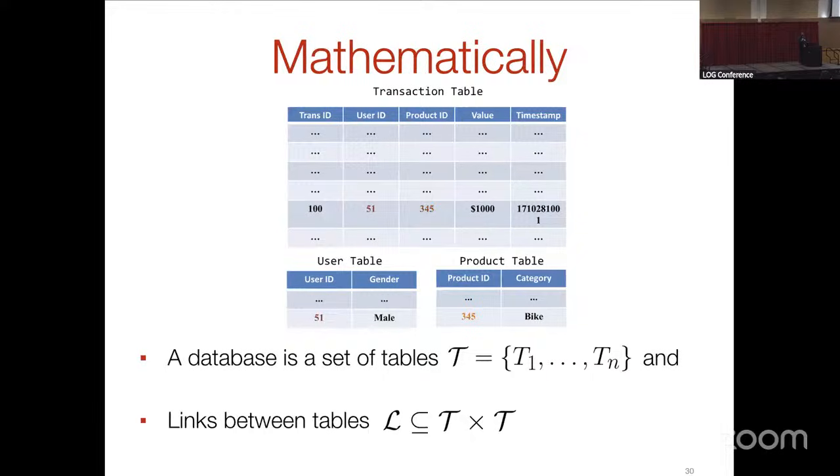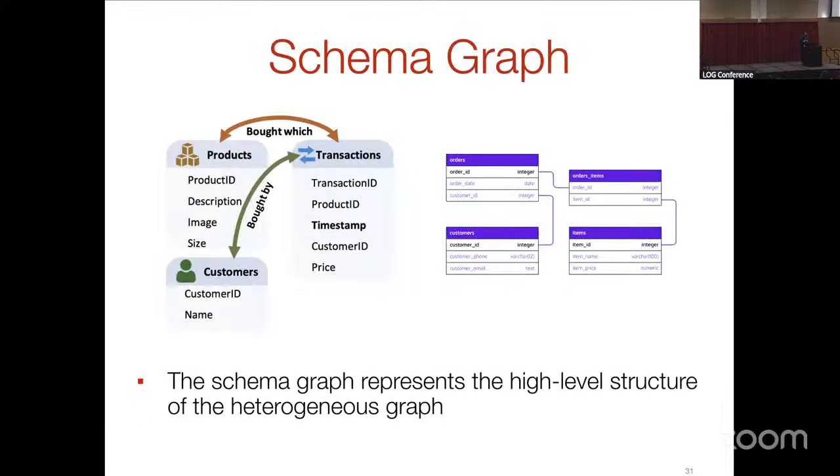Now, mathematically, a database is nothing but a set of tables, which we denote here as calligraphic T, and the links are defined as a Cartesian product between the set of tables. As I said, there are two graphs that allow us to describe and understand relational databases.